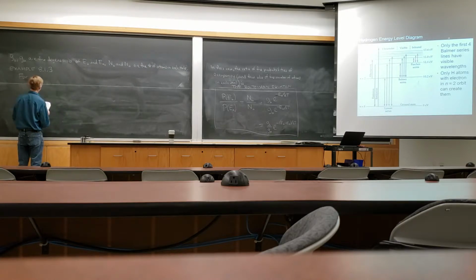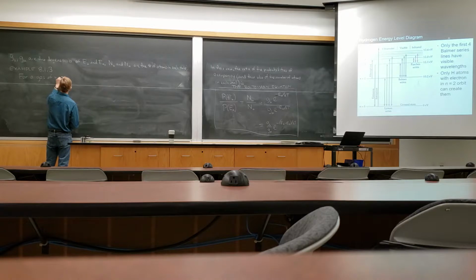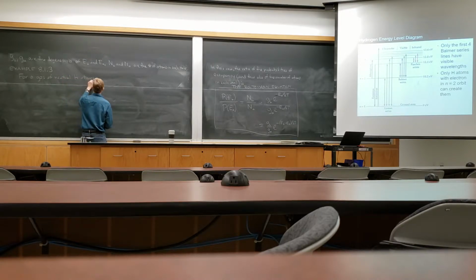In which we answer the following question. For a gas of neutral hydrogen atoms, at what temperature will equal numbers of atoms be in n equals 1 and n equals 2? So for a gas of neutral H atoms, they're asking what temperature makes N sub B equal N sub A, for n equals 2 and n equals 1.